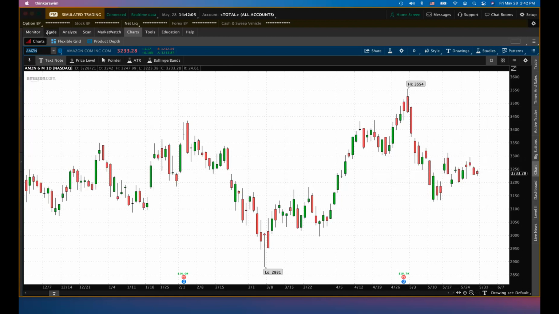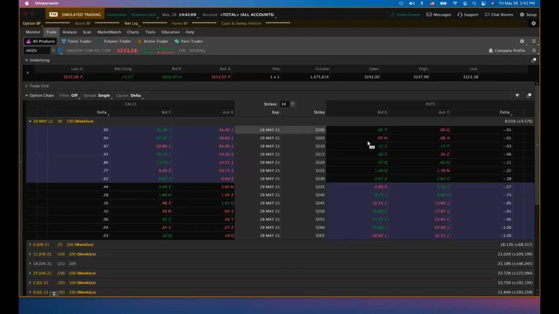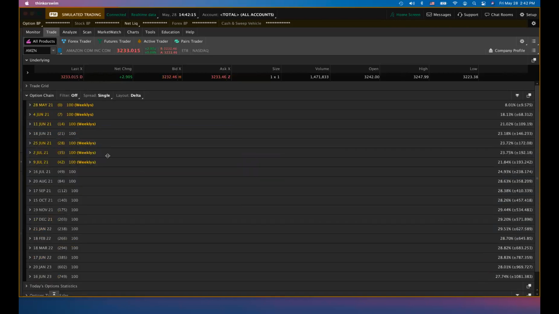So let's see what if I were to trade Amazon to buy a put, just one put at the current price. Since we're just thinking about buying a put, we would go 60 days give or take. 49 is close enough; it's closer than 84.